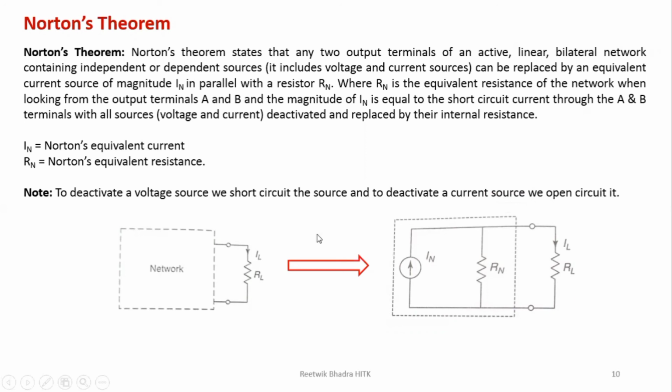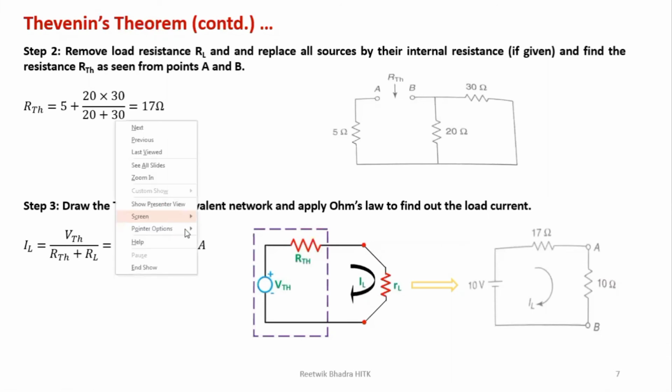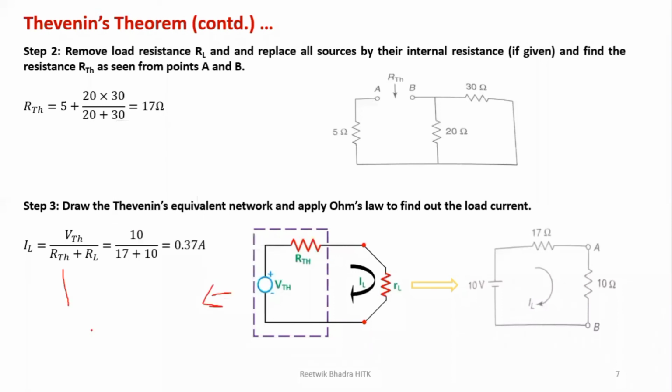Now if you compare this one, I'm just showing you how to relate it. I couldn't have done so many procedures if I had known this one. I have already done VTH and RTH, and this equivalent, I'm drawing it over here for your understanding. This can be drawn as a current source like this, in parallel with the same resistance, that is RTH, Rn. And what is the current value over here? V by R. So what was V? This is VTH. What was the R?